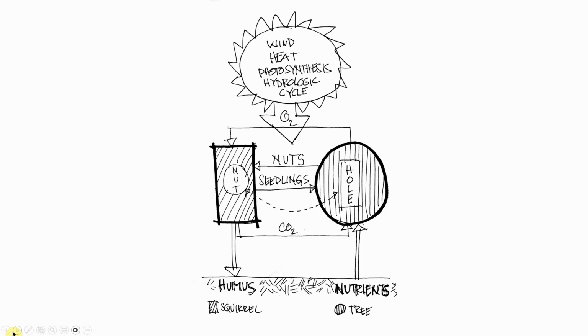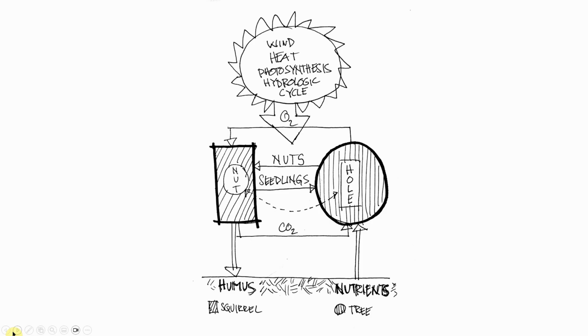The squirrel will excrete wastes and eventually die. Both of those materials will compost into soil, which the tree then takes up as nutrients, allowing more squirrels to grow because they procreated during the life of the squirrel.